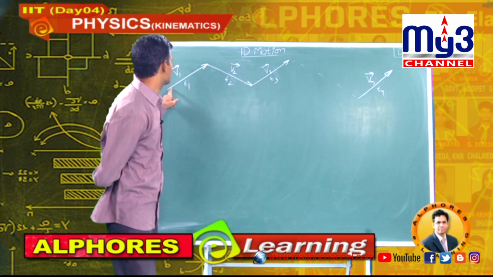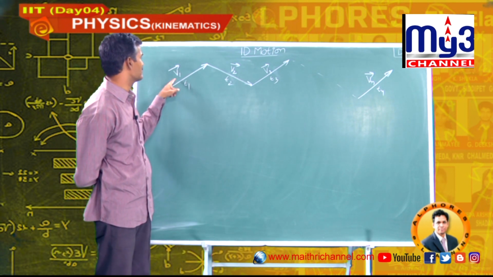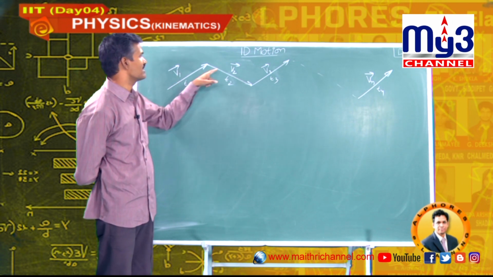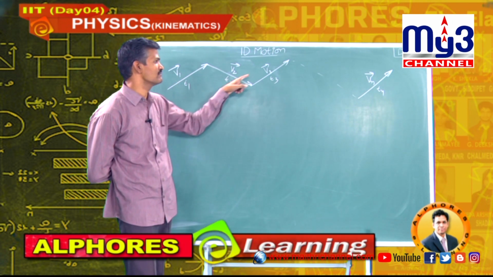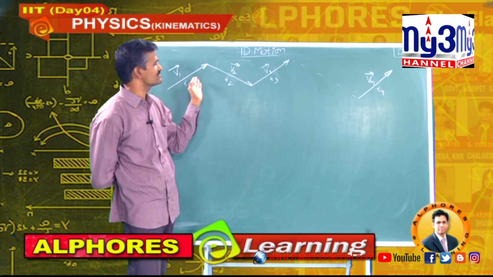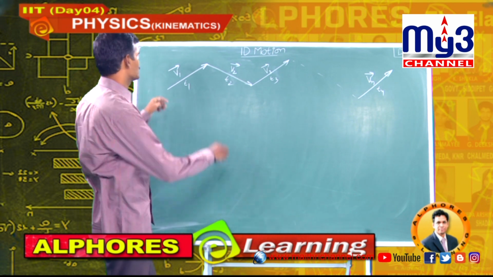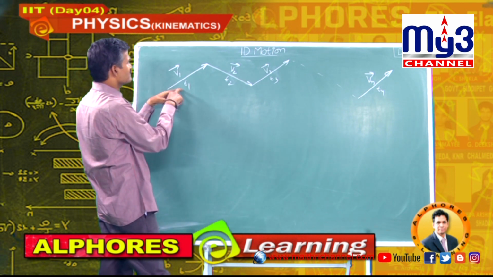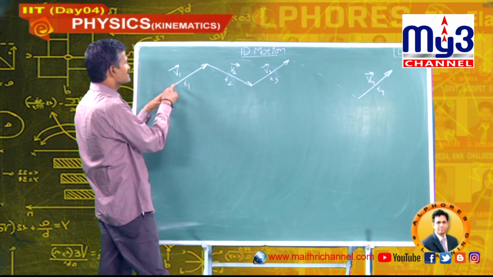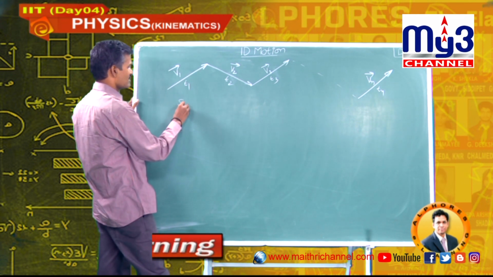So the body travels with V1 velocity for T1 time and V2 velocity for T2 time and so on. Its directions are changing, so we can use them as speeds. How to calculate the displacement travelled by the body in time T1? That is displacement vector S1 bar.